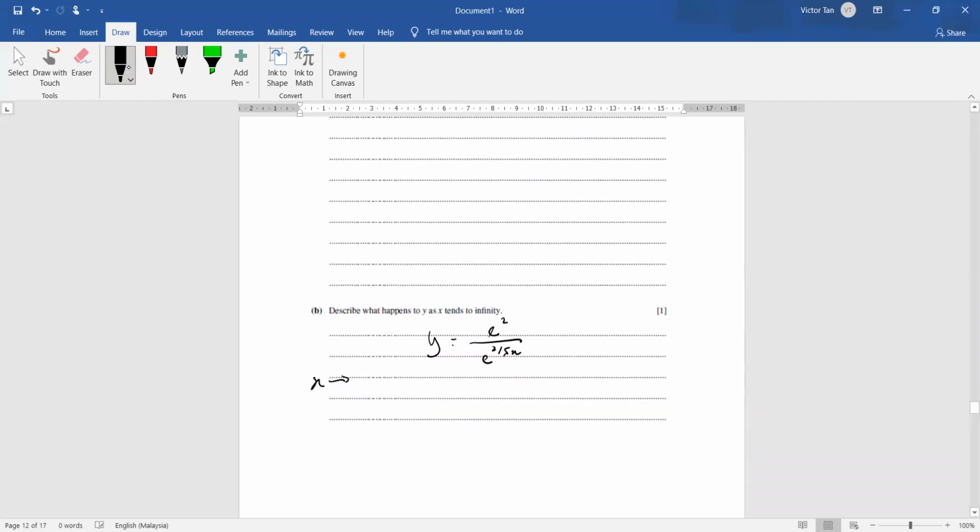As x tends to infinity, 2 over root x tends to 0. So y will tend to e squared over e to the power of 0, towards e squared. That's your answer.